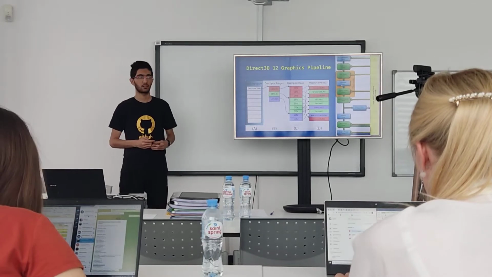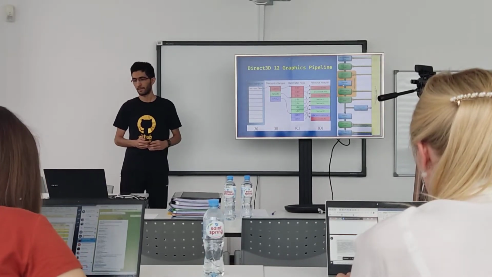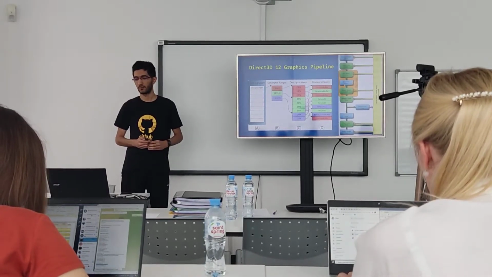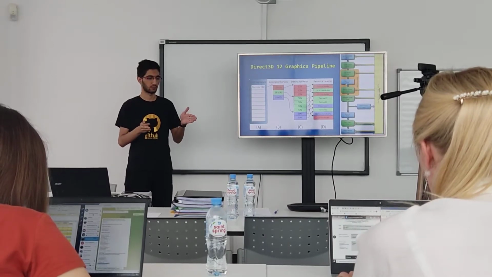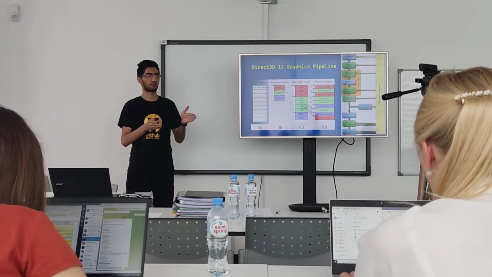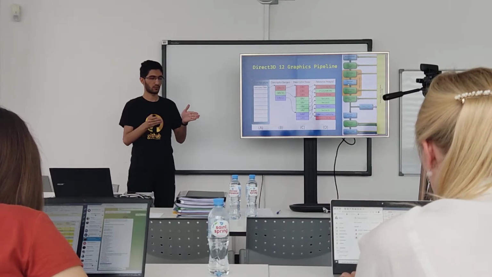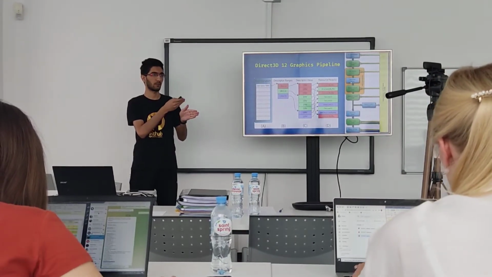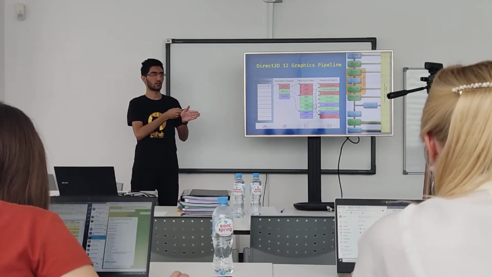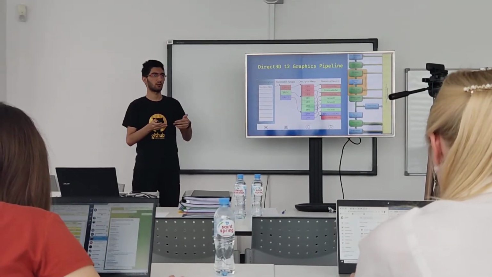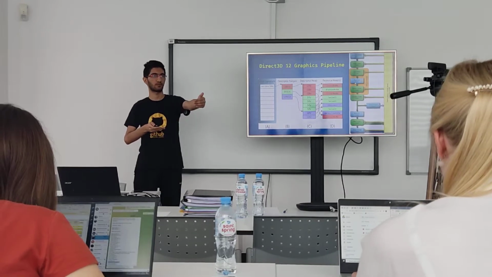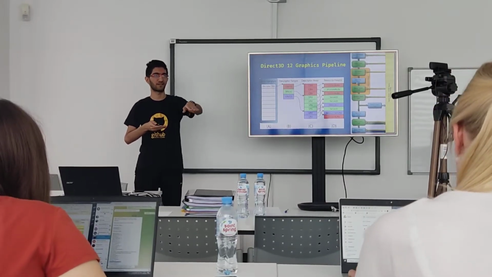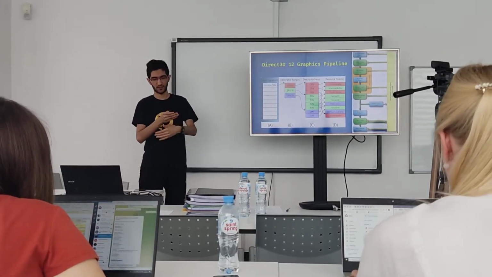Then we have the rasterizer. The rasterizer takes the camera. We have a far plane and a near plane, like a theater, and we take only what's between them. For example, if things are too far, we discard them in the depth buffer. If things are too close, like under the camera, they are behind the near plane.